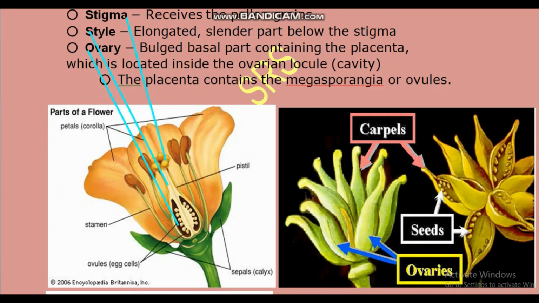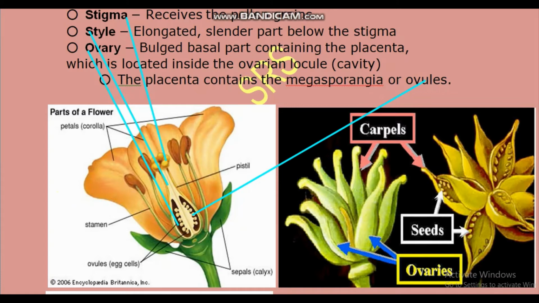One more portion is there that we also know: inside the ovary there are ovules. These are many small ovules, and they are present in one chamber. The basal part of the ovary contains a spongy structure, that is a placenta.